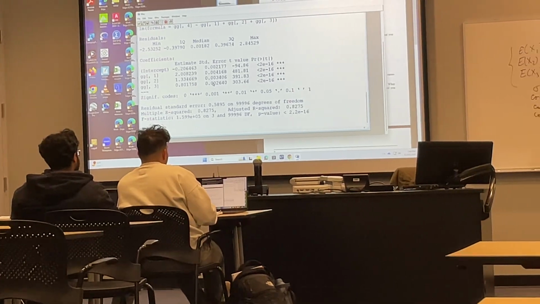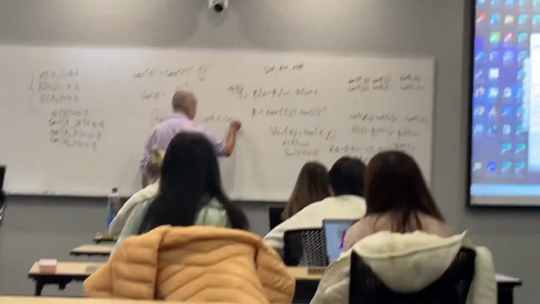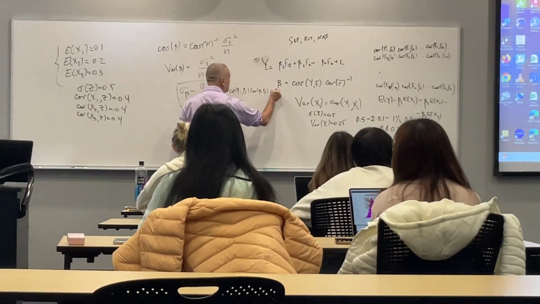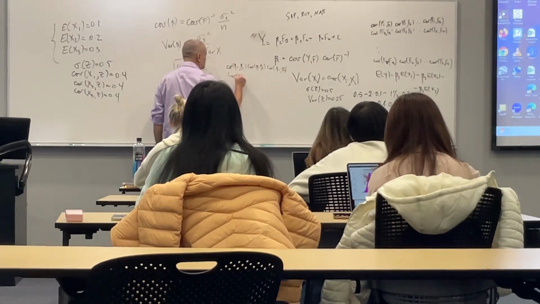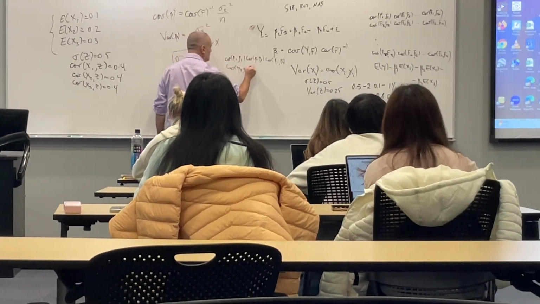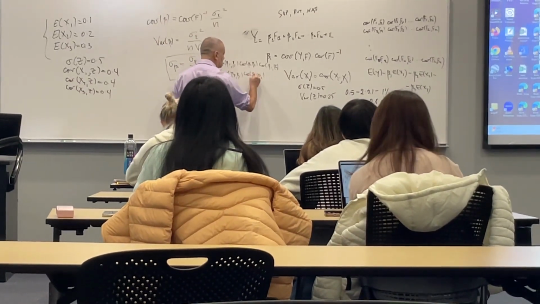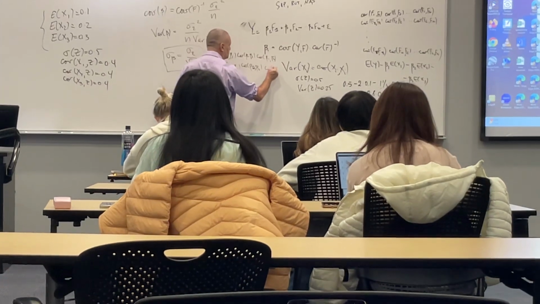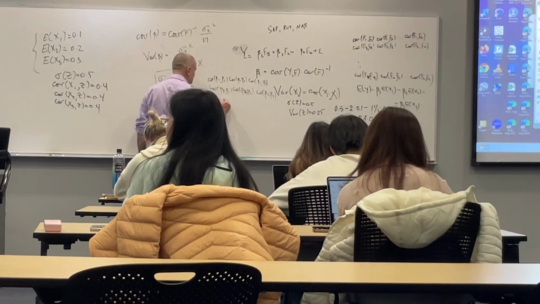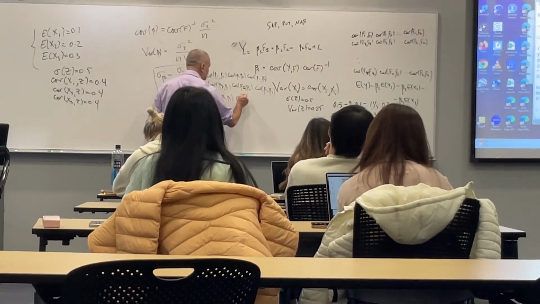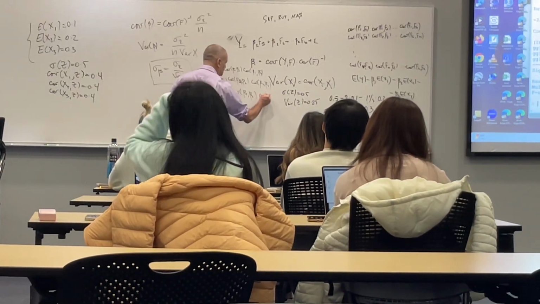Remember the matrix: covariance of beta 1, beta 1, covariance of beta 1, beta 2, and covariance of beta 1, beta 3. Then covariance of beta 2, beta 1, covariance of beta 2, beta 2, and covariance of beta 2, beta 3, and the last row is covariance of beta 3, beta 1, covariance of beta 3, beta 2, and covariance of beta 3, beta 3.